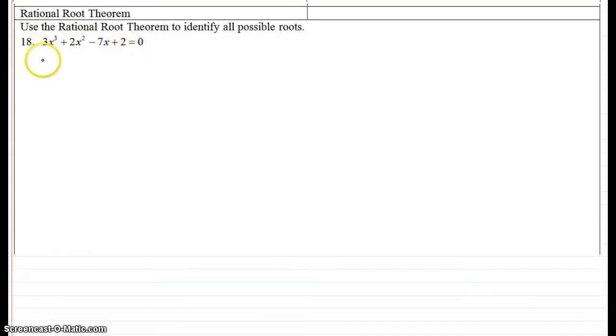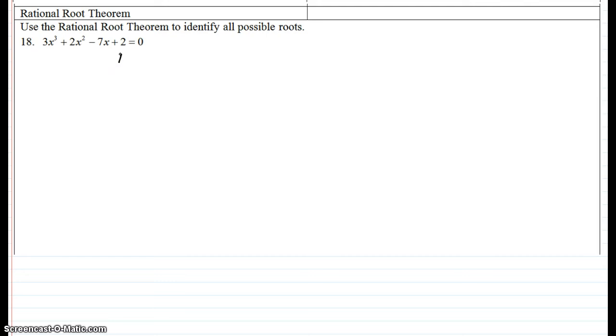Alright, so we're going to do number 18, and notice it says use the rational root theorem. Since it says that, probably means you can't factor this thing by grouping. So if you notice, you could take an x squared out, and that would leave you with 3x plus 2. The only thing you could take out here would be a 1 or a -1, and so the inside of the parentheses wouldn't work. So we do definitely need to do our rational root theorem.